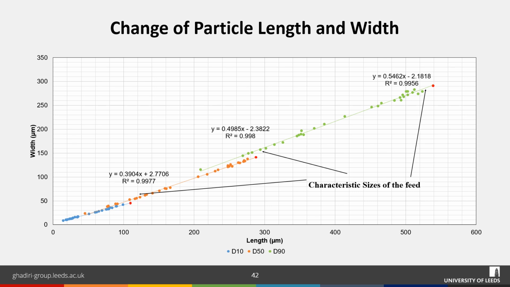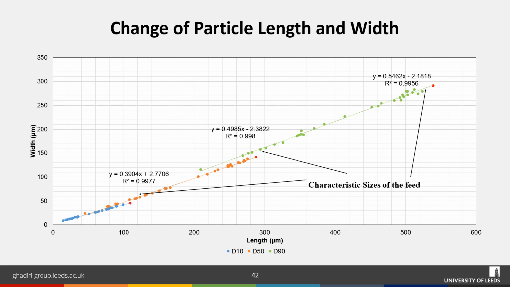The slope of the regression line of each data series gives us a measure of the average aspect ratio of the broken crystals. D90 is associated with the largest particle group in a distribution, while D10 represents the smallest particle group. The slopes of the regression lines are found to be 0.39, 0.49, and 0.54 for D10, D50, and D90 respectively.